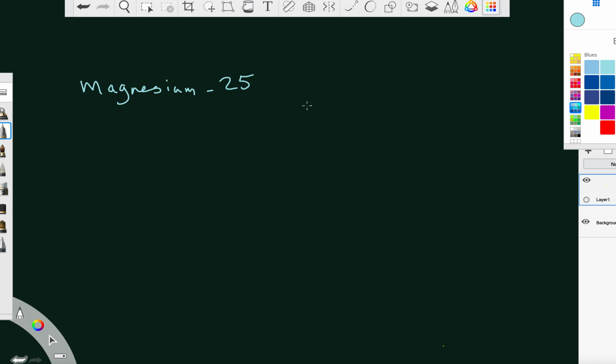So what we'll do is look at the periodic table and see that magnesium's chemical symbol is Mg, and this 25 tells me the total, so of course 25 goes up here. And if we look at the periodic table, we see that it has an atomic number of 12. So this is the isotope symbol for magnesium 25.